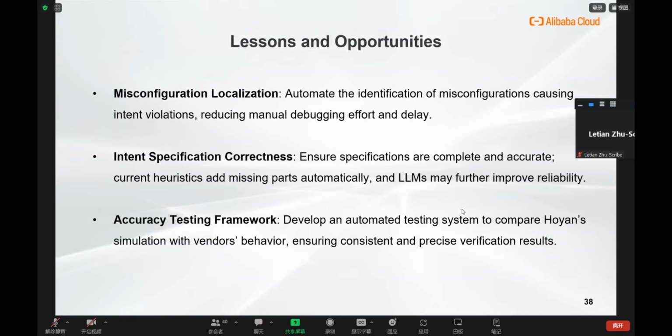Heuristics and large language models could help ensure completeness and accuracy. The third is accuracy testing. Hoyan's reliability depends on accurate simulation, and an automated framework comparing it with real behavior can further enhance the precision.